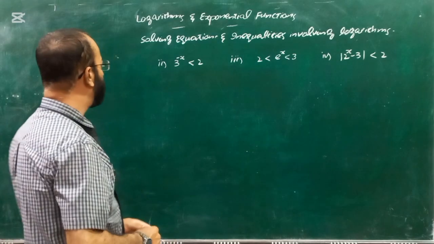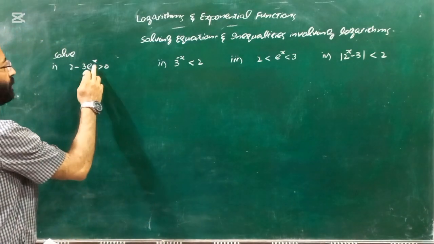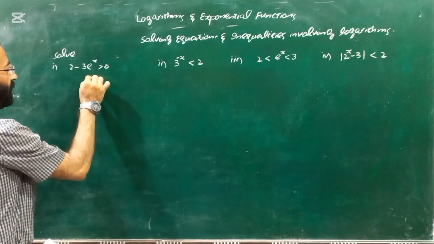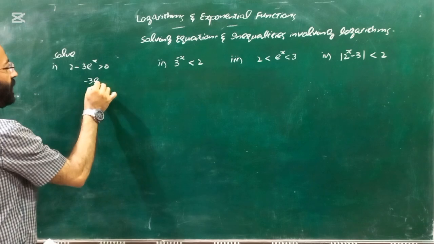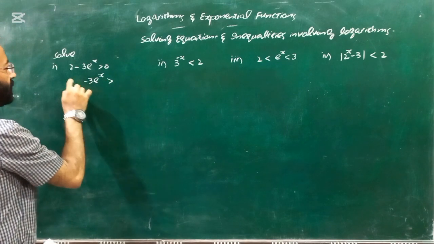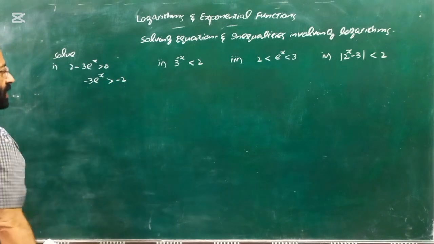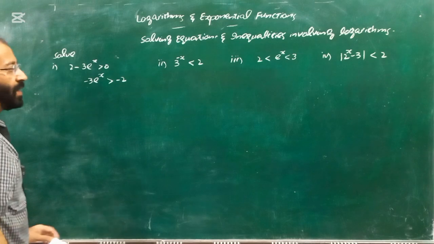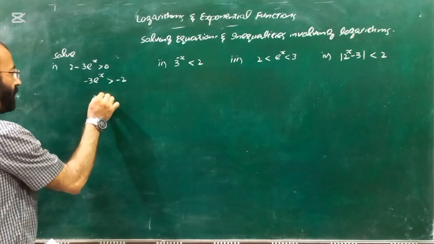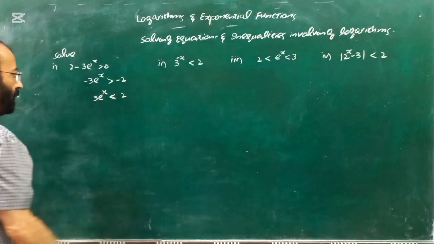So here are some more questions on inequalities. The first part is 2 minus 3 e raised to power x is greater than 0. So from this step we will write minus 3e raised to power x as it is, and this 2 will go to the right side, it will become negative. So multiply both sides with the minus sign, so this sign will be reversed then. So it means 3e raised to power x will be lesser than 2 now.